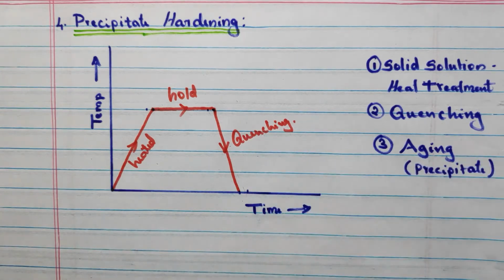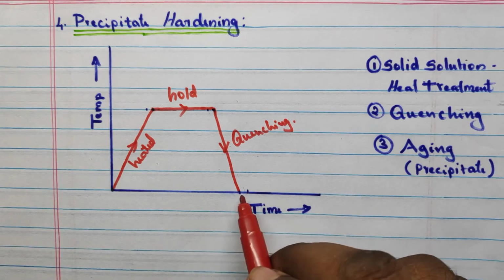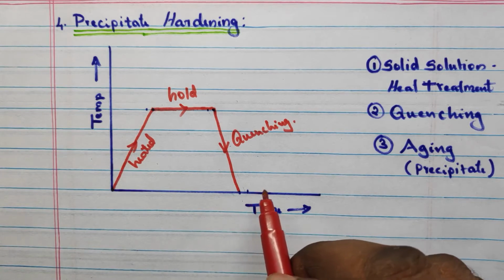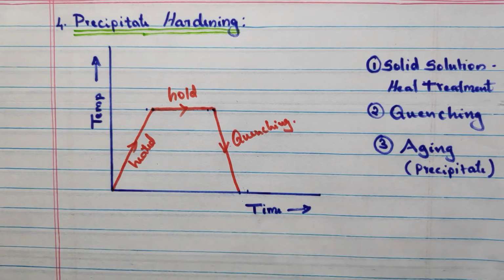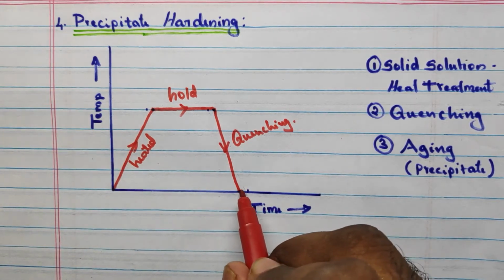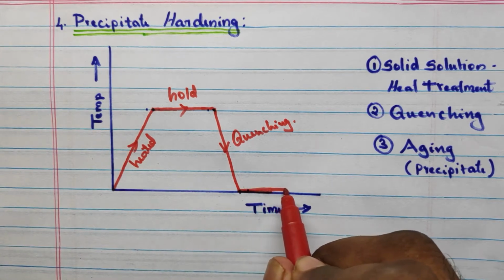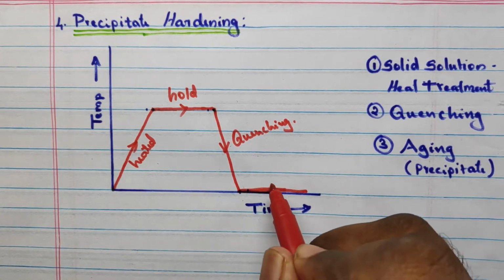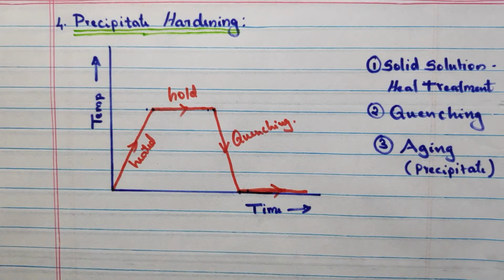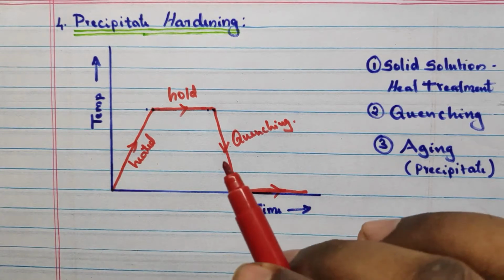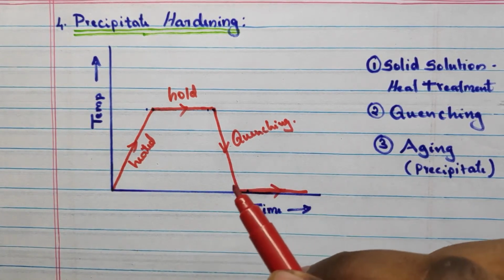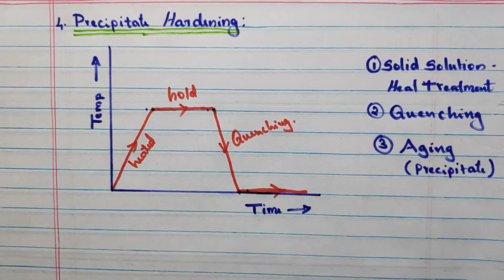But we have to leave this material without disturbing for some hours. It may take some hours, or it may take some days for the process. The time required depends on the type of material we are using.